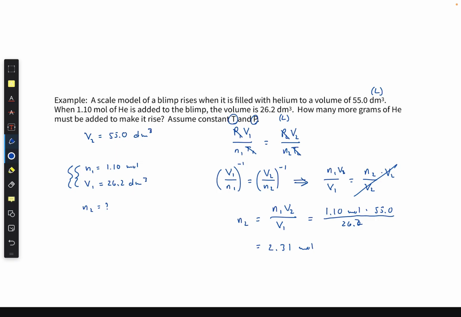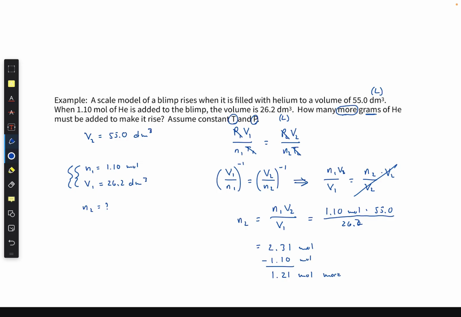So now we have two more issues left. Number one, we want our answer to be in grams. But the other thing is this question says how many more grams of helium must we add? And so we've already added 1.1. We need to get to 2.31 total, which means that we need 1.21 moles more. And we can do that subtraction now because the units are the same.